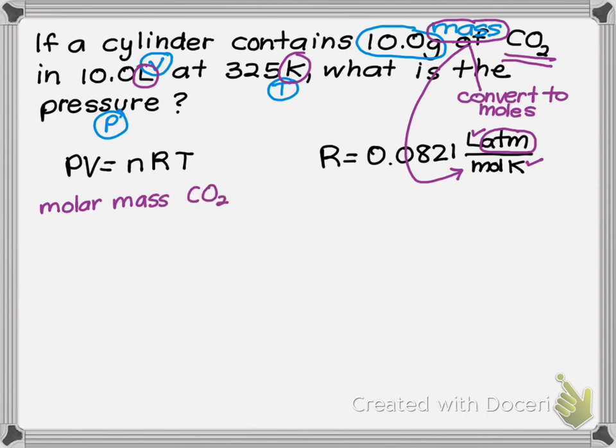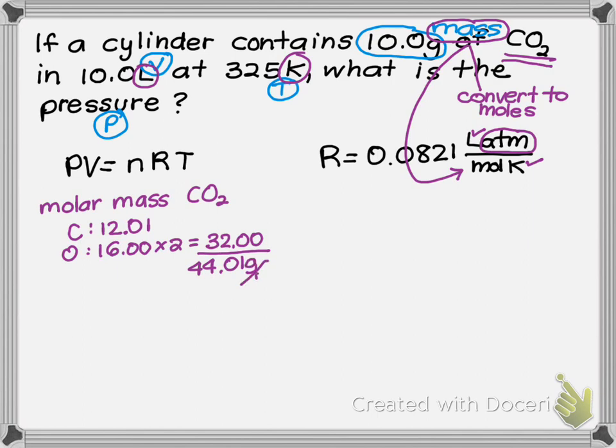So to do that, I use my periodic table, and carbon has a molar mass of 12.01. I only have one carbon, so that's good. Oxygen has a molar mass of 16, but I have two of them, so that gives me 32. So the molar mass is 44.01 grams per mole.